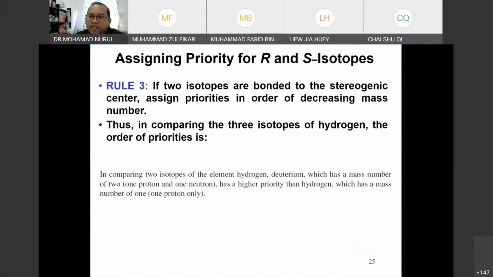One is proton, another one is deuterium. We don't play too much with isotopes. I cannot say this is quite important.